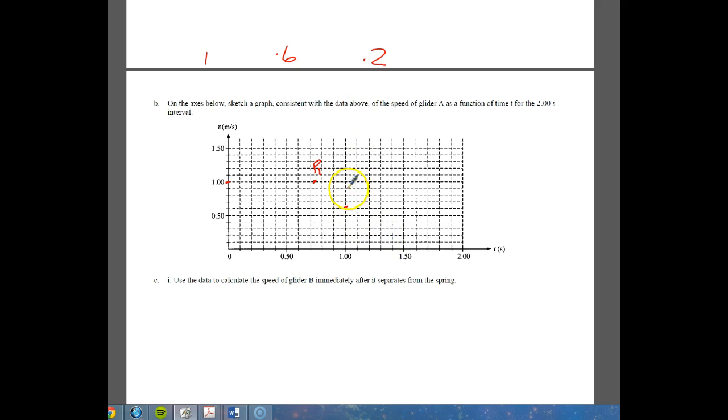Position 3 is at 0.2 meters per second, so you can tell this is 0.2 right here, and our time for that one was somewhere in this area. So now we end up with pretty much a straight line for constant velocity.